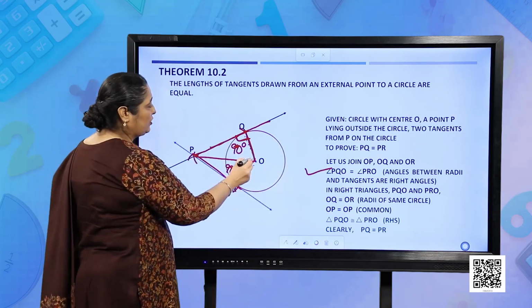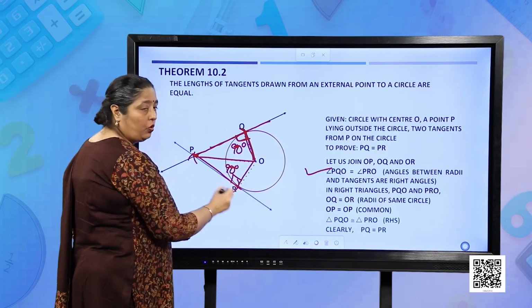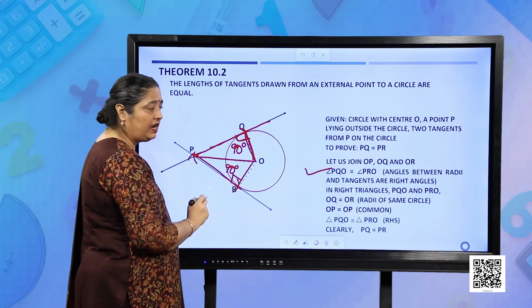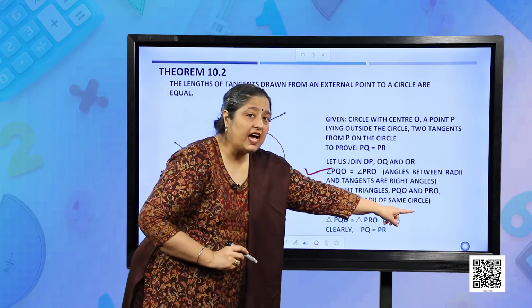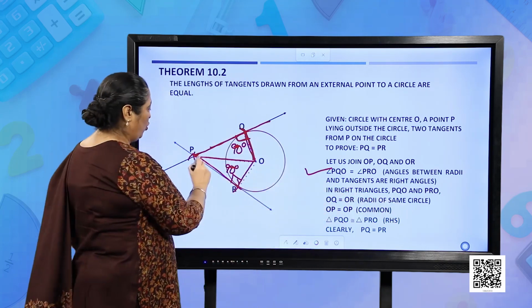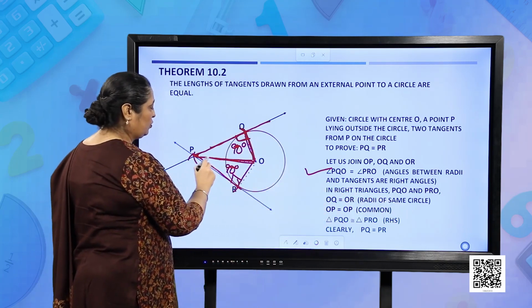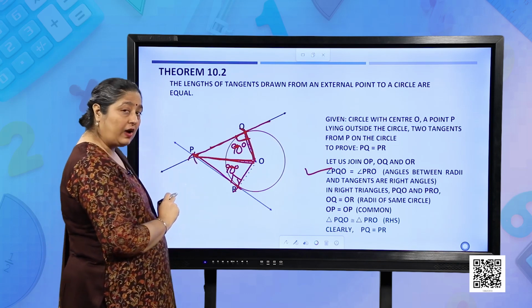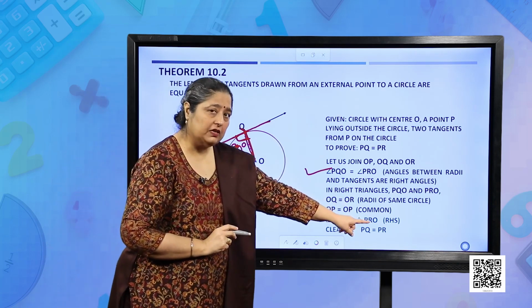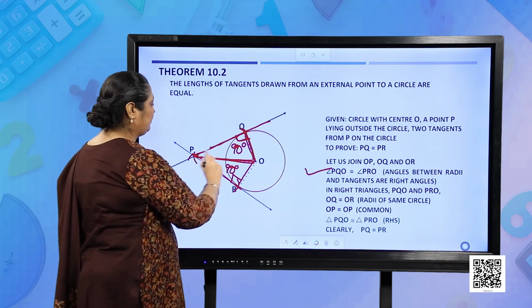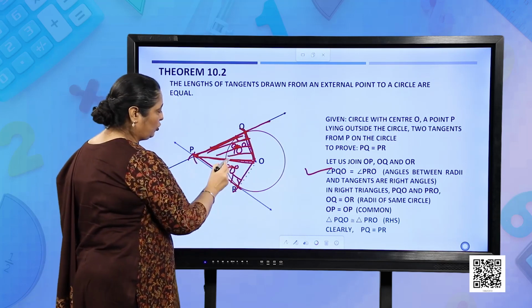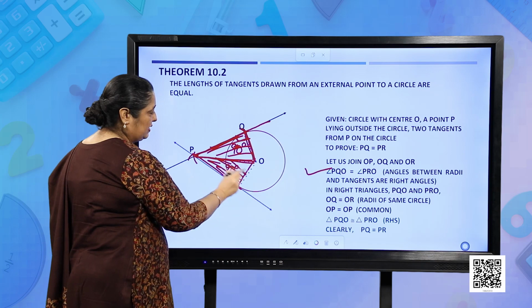Also, we know that OQ is equal to OR. Why are these two equal? Because they are the radii of the same circle, and OP is equal to OP. Again why? Because it is common. So, by RHS this triangle is congruent to this triangle.